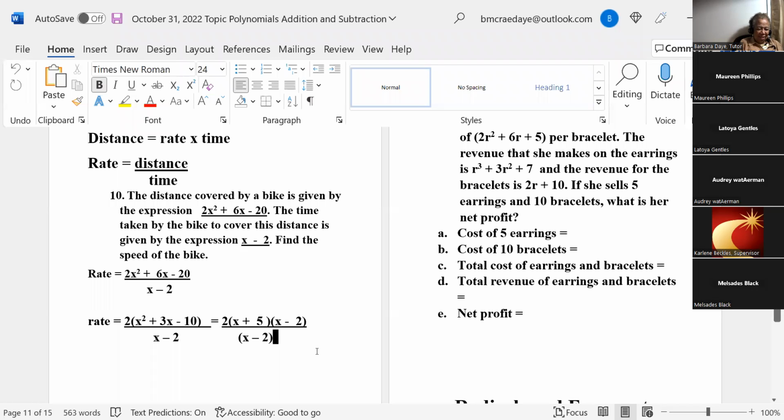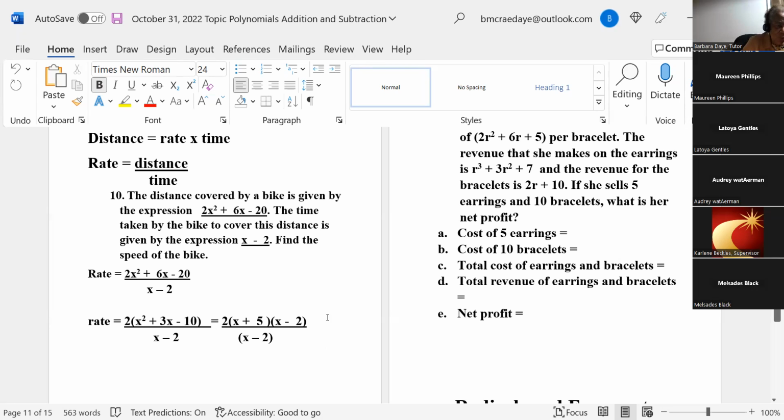It's just glaring right at you. Mercedes, what is it? X minus 2 is common. Why are you breaking it up? This is an expression. You're just giving me variables and numbers. An expression has to be variables and numbers in brackets. The brackets.